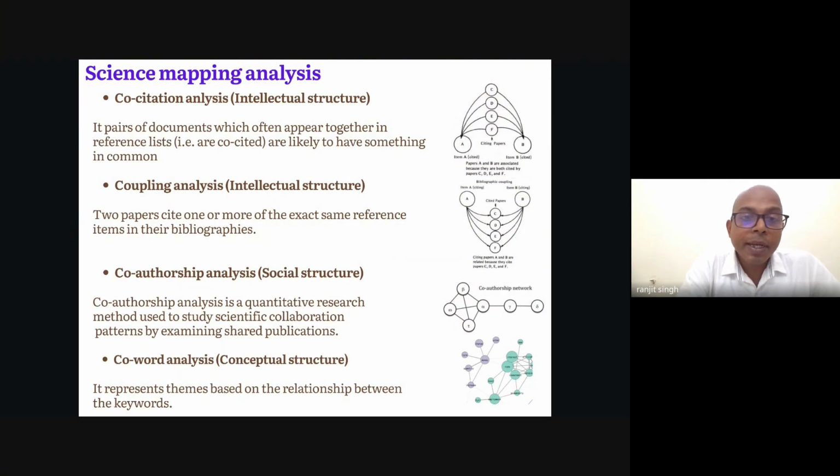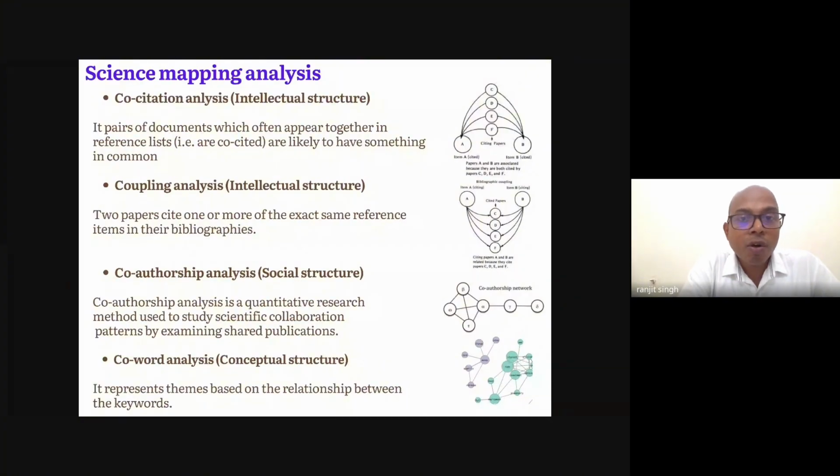In science mapping, the first one is co-citation analysis. Generally, we conduct co-citation analysis to depict the intellectual structure. In co-citation analysis, we consider the references of the articles collected from the database. If these references are co-cited in the documents, they have something in common, and that shows the concept or the intellectual structure in the article.